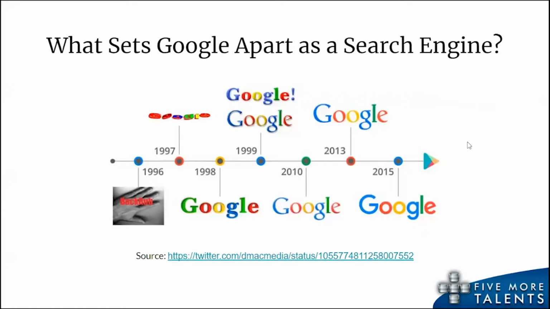The reason for that is that one of the things they did is they came up with an algorithm, a computer program that was able to try to calculate how good of a website it is. And the main thing they looked at was the quality and the quantity of links to your website from other websites.